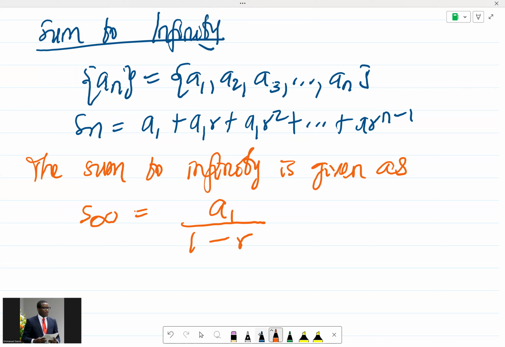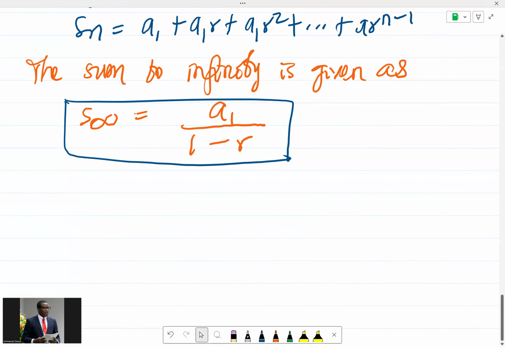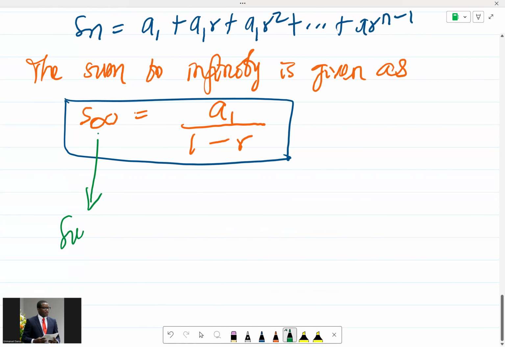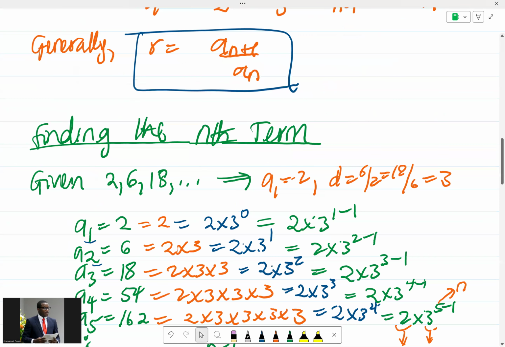Of course, A1 here is the first term and R is the common ratio. That's how to find the sum to infinity for a geometric sequence. Now we are done with sum to infinity.